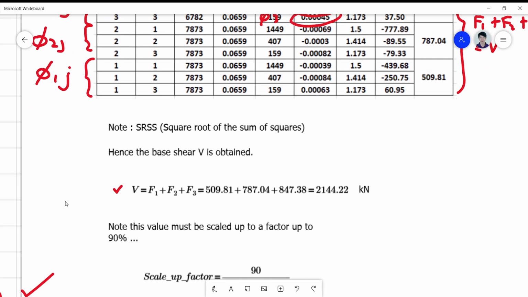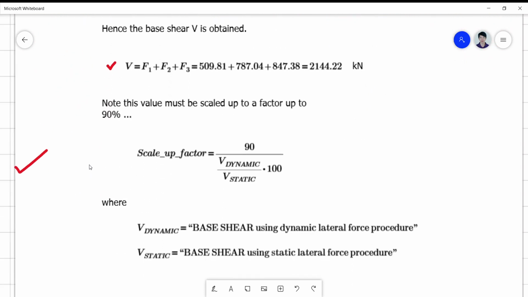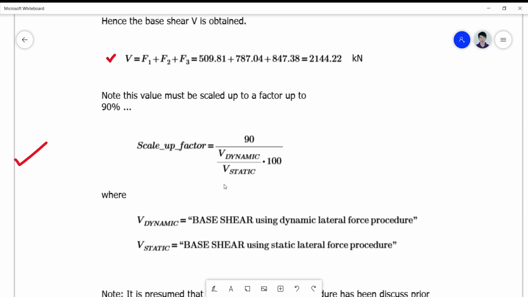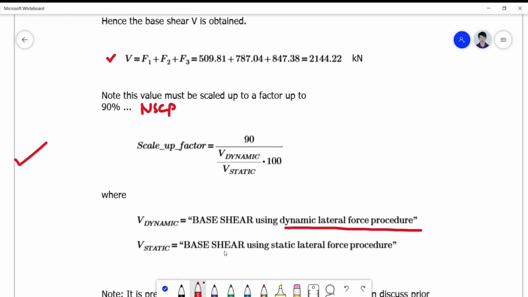Okay, so we need to compare that and scale it up with the static force, and the code gives us a scale factor.